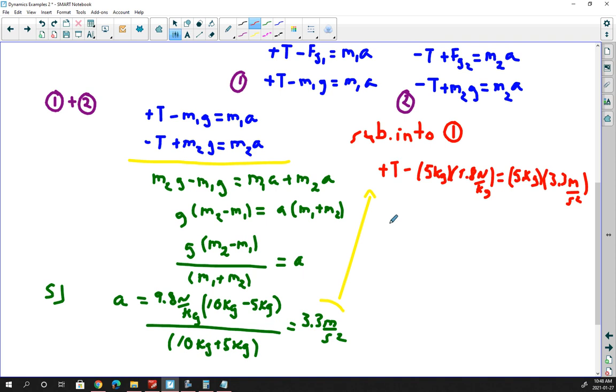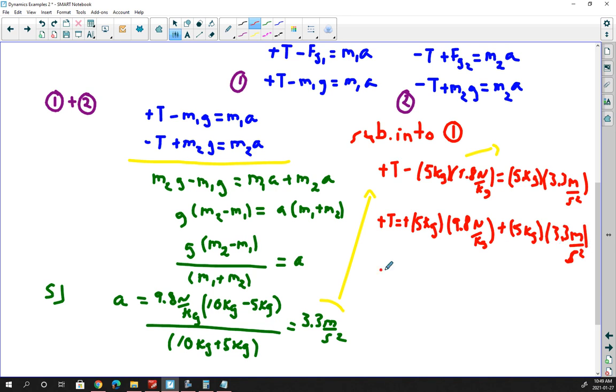And we're going to take this, bring it to the other side, and this negative sign will change to plus 5 kilograms times 9.8 newtons per kilogram. So I brought that over, and then to that we're going to add what was here already, 5 kilograms times 3.3 meters per second squared. Remember, meters per second squared is equivalent to newtons per kilogram.